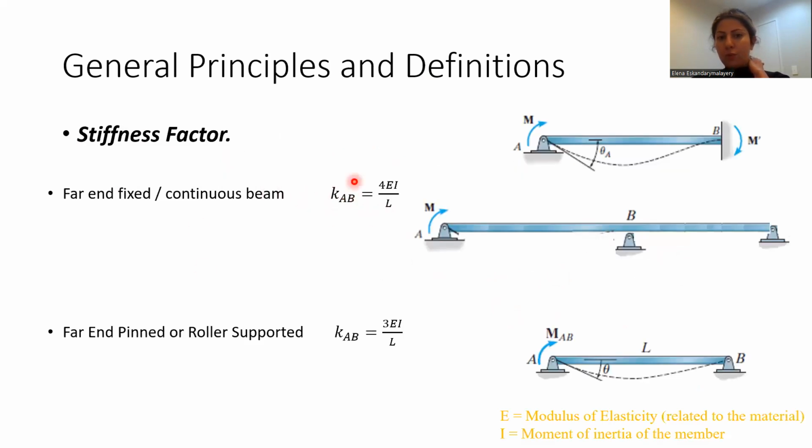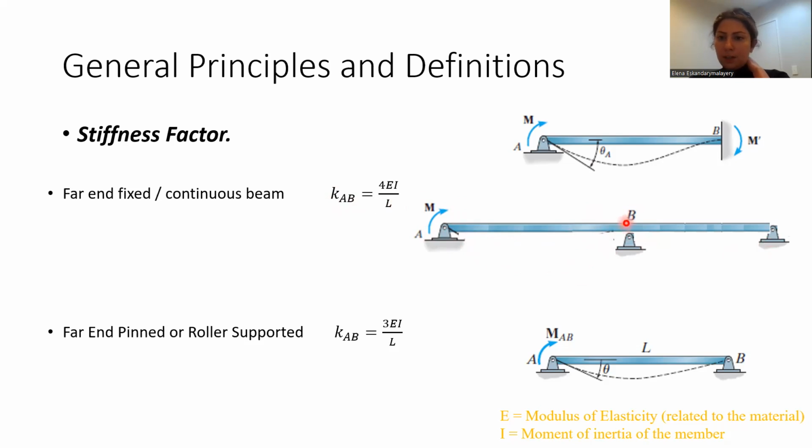For example, if you want to calculate the distribution factor for BA, you have to write KBA divided by KBA plus KBC.